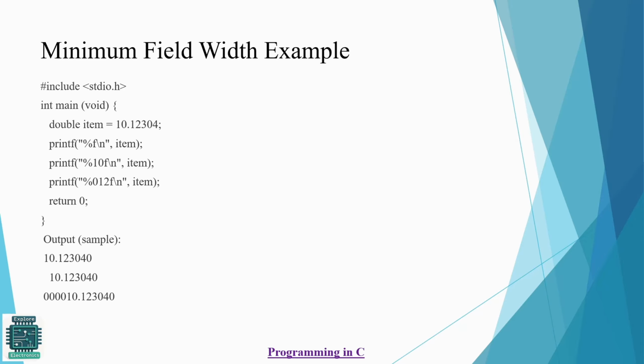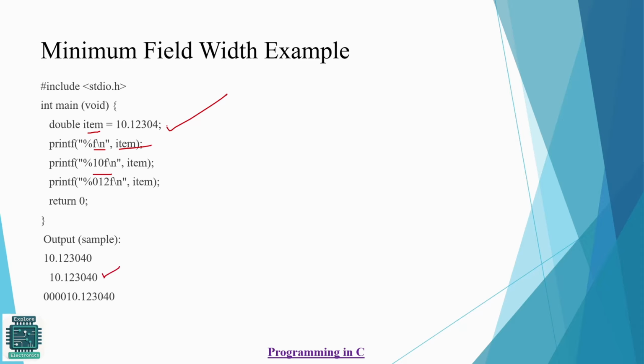Now, this is an example for minimum field width. Here you can see item percentage f printed as it is. Here we have a double item, and we have initialized the item value and are modifying it one by one. Here I have taken 10f and backslash n, and for that we get an output like this.